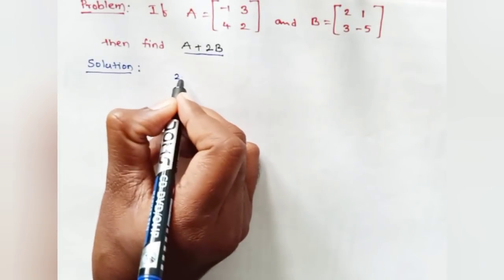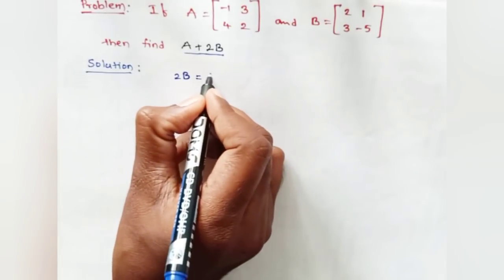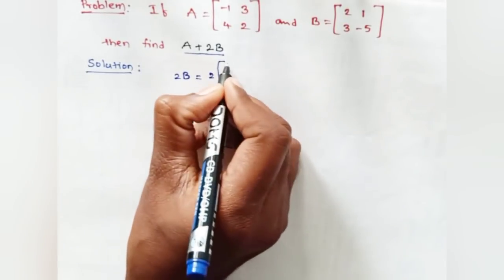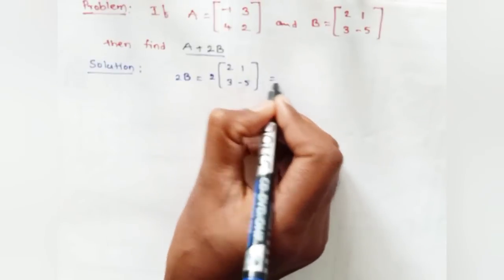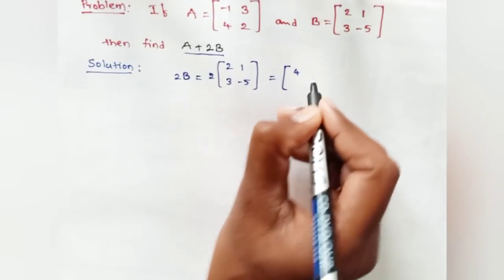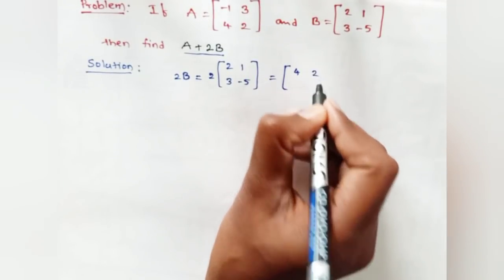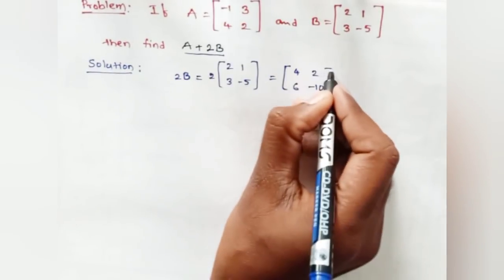First find the scalar multiplication of the matrix B with 2, that is 2 times 2, 1, 3, -5, which equals 2 twos are 4, 2 into 1 is 2, 2 into 3 is 6, 2 into -5 is -10.